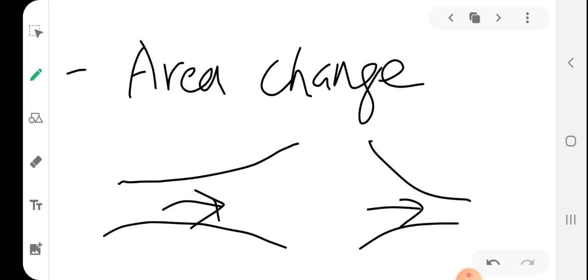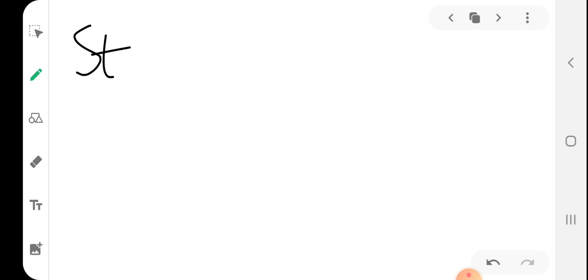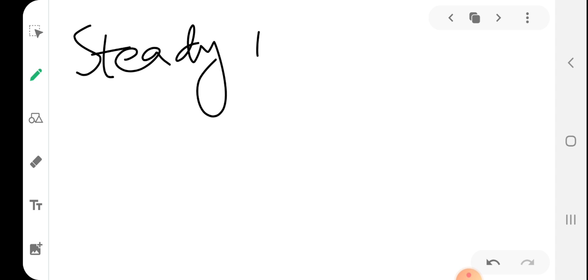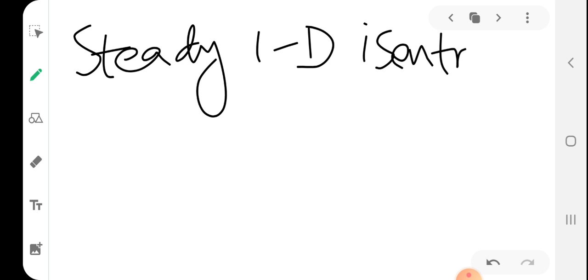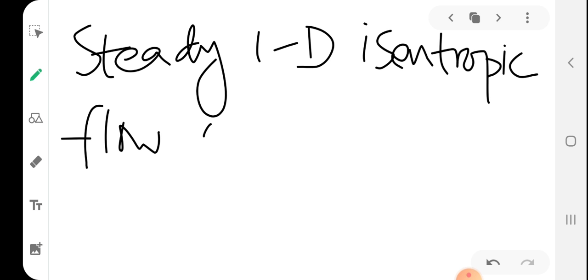This module is devoted to the discussion on the nature of the flow process, and also to derive some equations of practical importance from the governing equations for steady one-dimensional isentropic flow. What is it? Steady one-dimensional isentropic flow of a perfect gas.